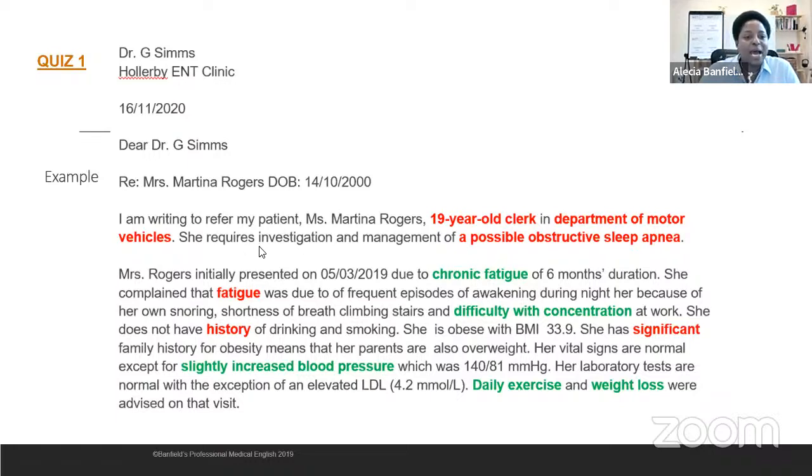But here we have requires investigation and management of a possible obstructive sleep apnea. So management of a possible obstructive sleep apnea. Do we need to put an article in front of possible obstructive sleep apnea or not? Type into the box, possible obstructive sleep apnea, article before or not.